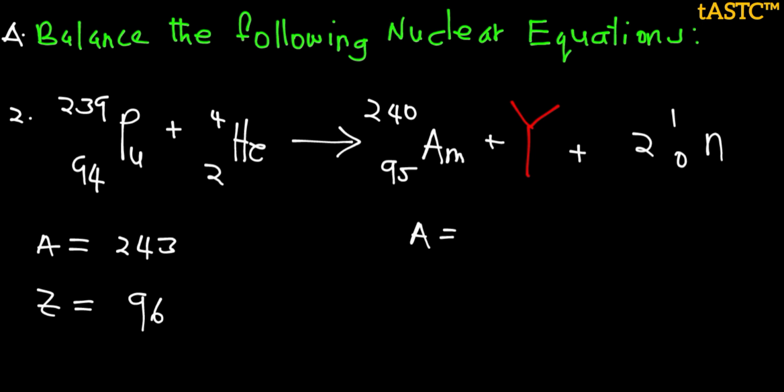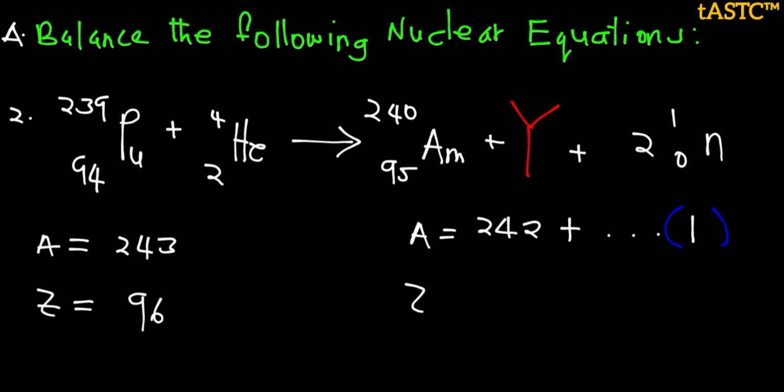That gives you 242, right? So we need to find out what should be the value that adds up to give us this. Obviously, that should be a 1, right? Because if you took a 1 and added it to 242, that would give you 243. So here we should have a 1.